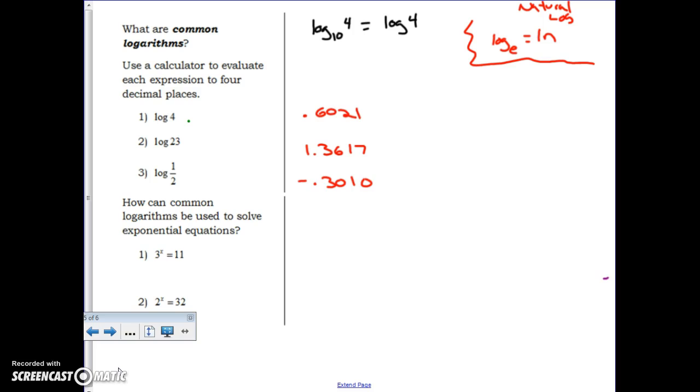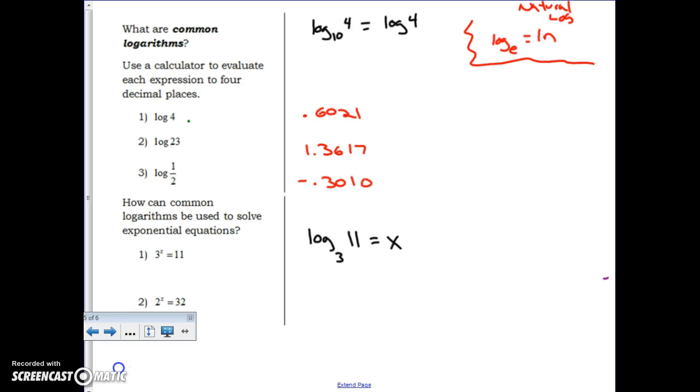So how can common logarithms be used to solve exponential equations? Remember we talked about change of base? Well, in those examples, we didn't see anything quirky. We were getting nice integers as our answer. But say you had 3 raised to what power equals 11. That's the original problem in exponential form. If we converted it to log form, we'd have log base 3 of 11 equals x.